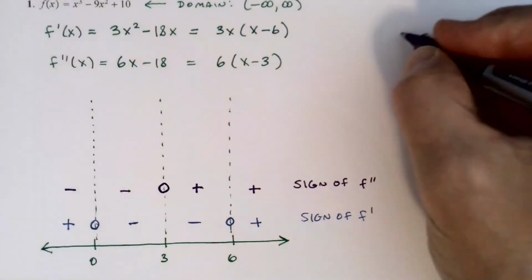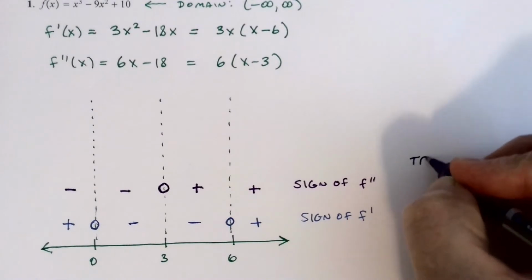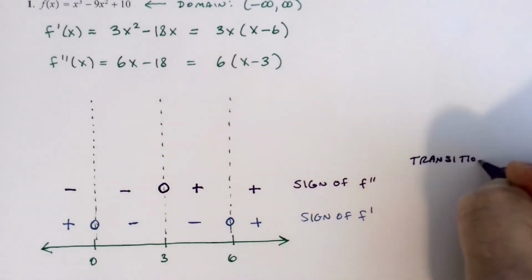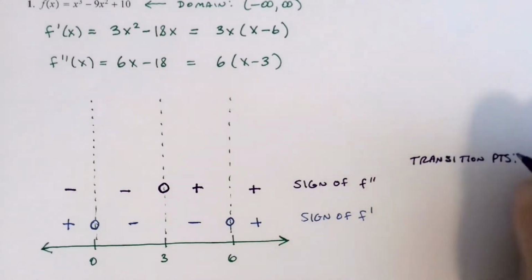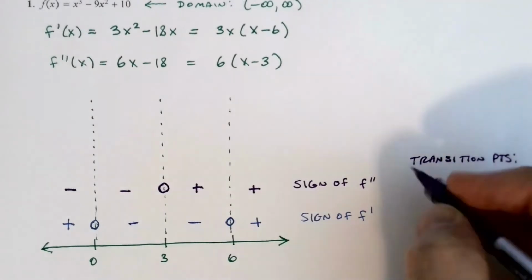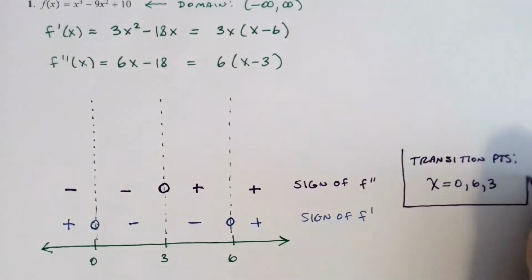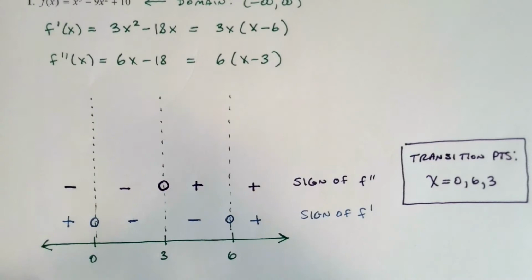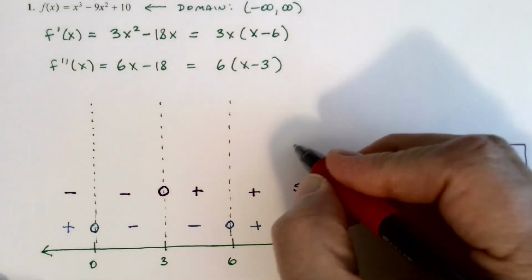And so we can now say the transition points are those values there. Now, what about the shape of the graph?